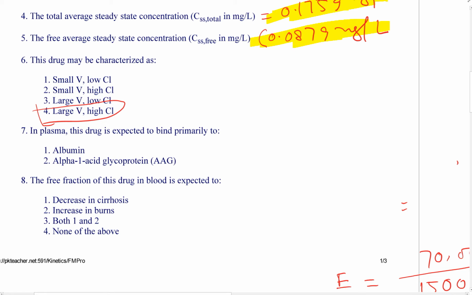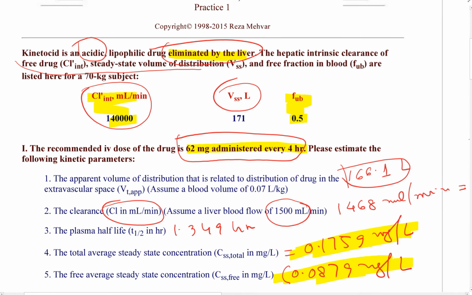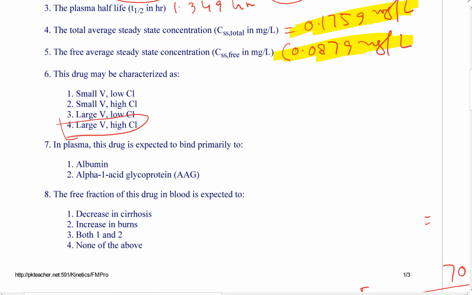In plasma, this drug is expected to primarily bind with albumin. It's because this is acidic. Free fraction of this drug in the blood is expected to... you have to read carefully. Free fraction of this drug is expected to decrease in cirrhosis. What happened in the case of free fraction?